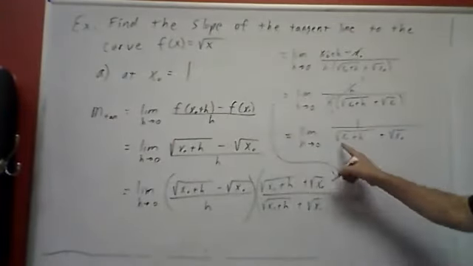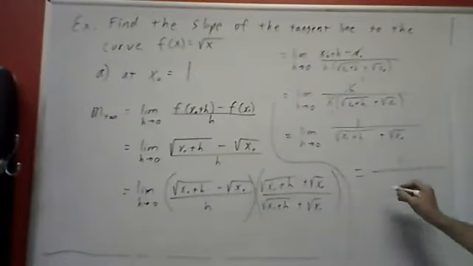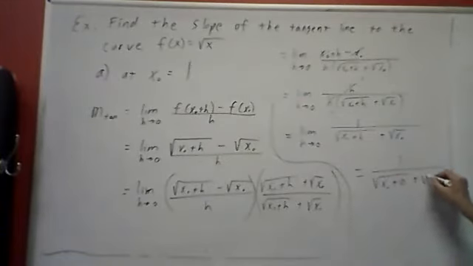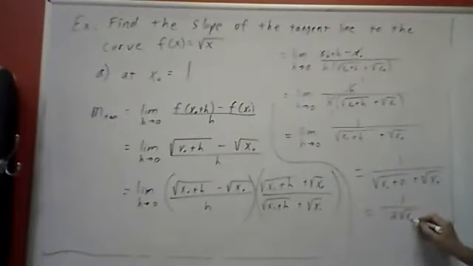Now let's try to evaluate it when h is 0. So we have 1 over the square root of x naught plus 0 plus the square root of x naught. So that gives me 1 over 2 square roots of x naught.